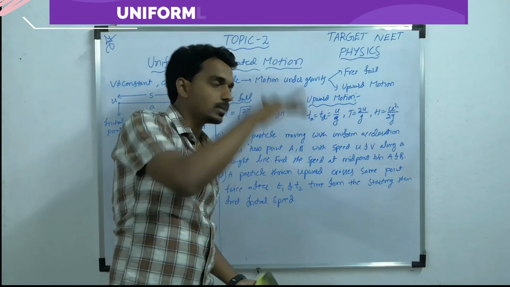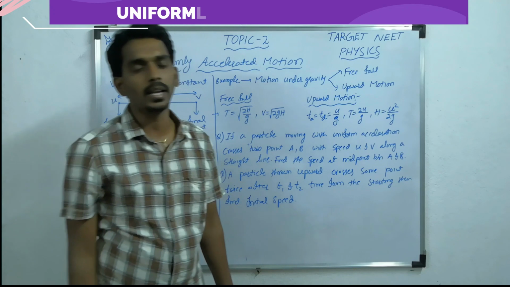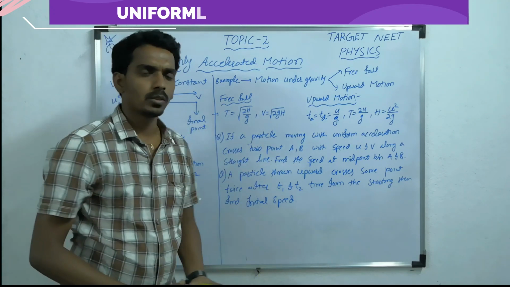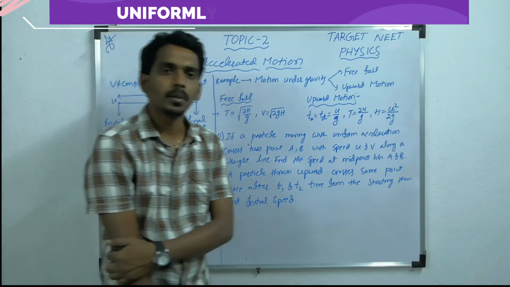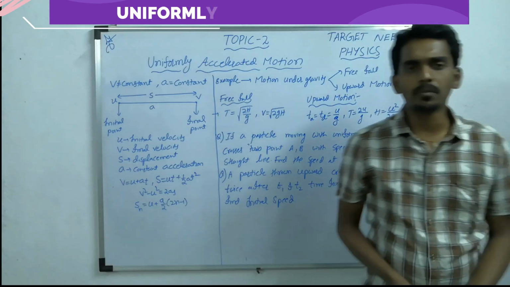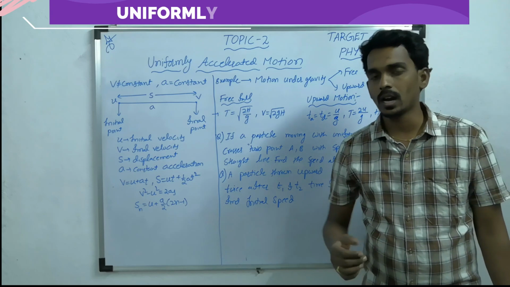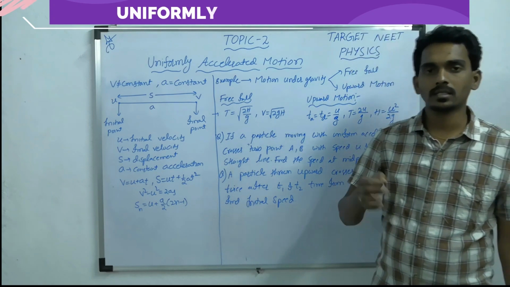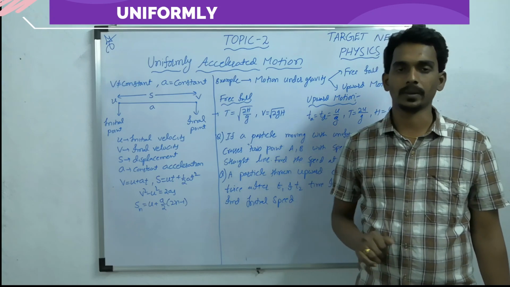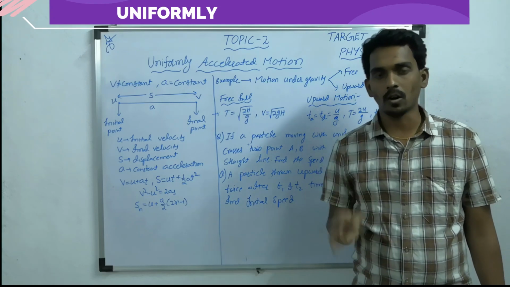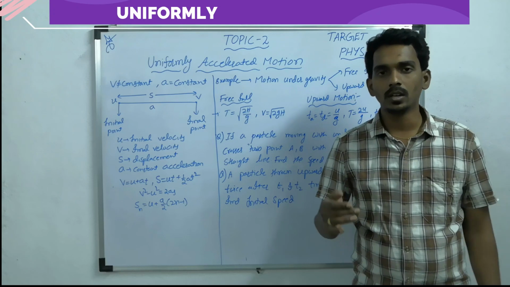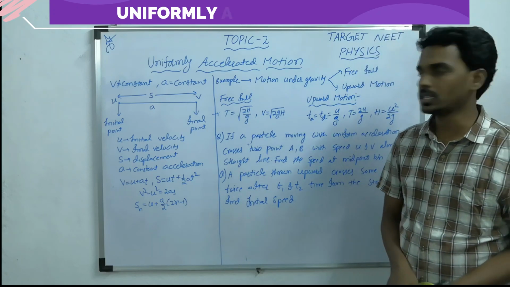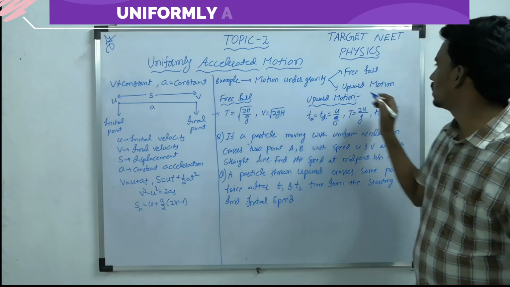And what is that maximum height? It is u square by 2g. But whatever may be the question, you always remember one thing, that for every particle which is moving under the effect of gravity, there is an acceleration due to gravity, which always directs downward, towards the center of the earth. And that value is g, which is how much?